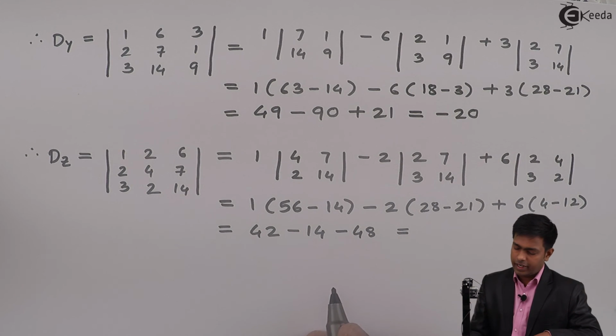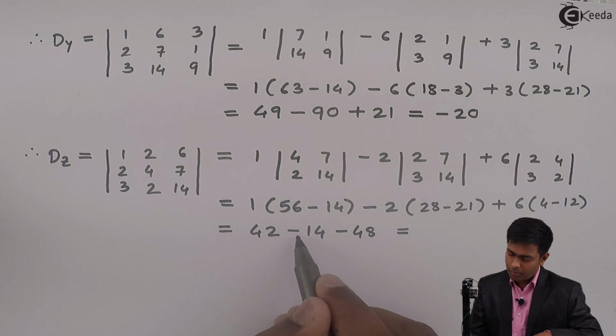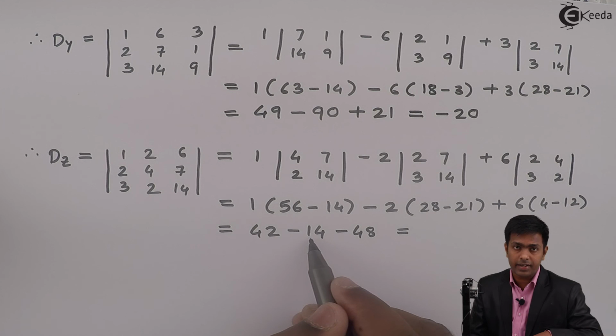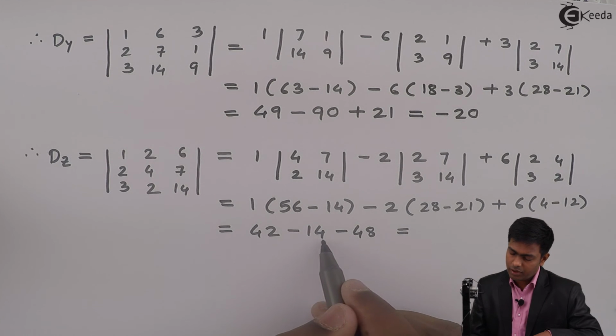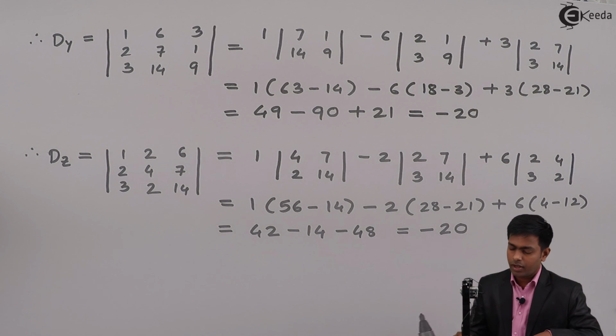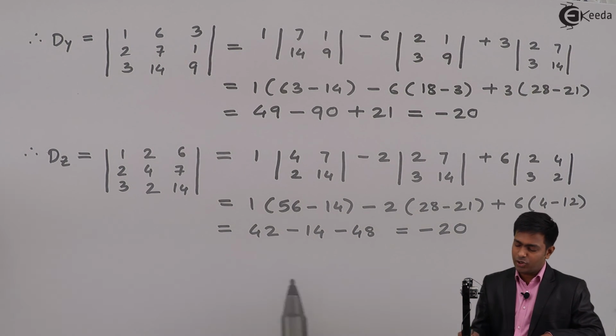So we will get 42 minus 14, that is nothing but 28, and this 28 minus 48 will become minus 20. It means the value of dz is also minus 20.